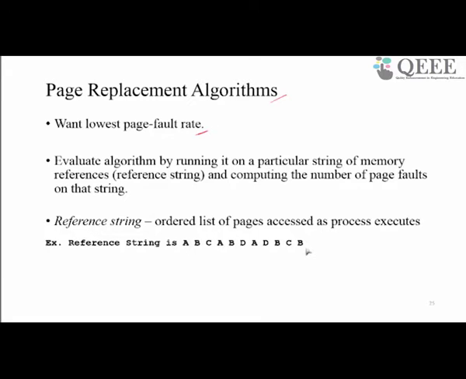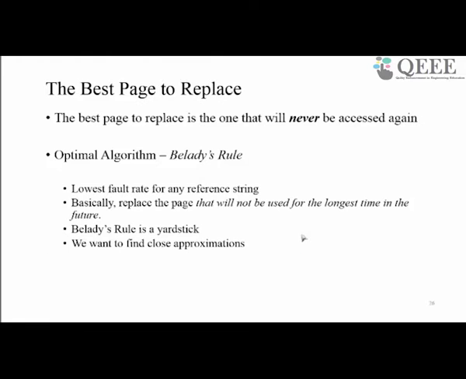We can see how a page miss is handled by looking at the reference string, which is the string of pages referred to by a program. A typical reference string will look like this one. First we have the optimal algorithm proposed by Belady.